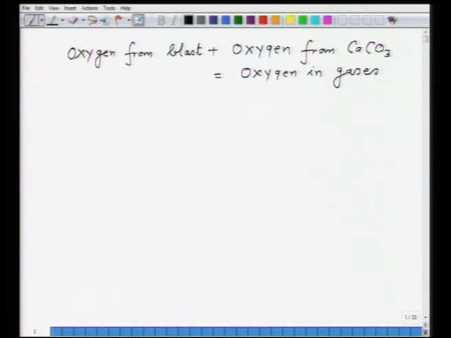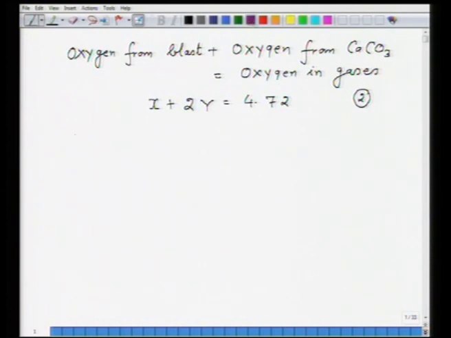Now, I will just write down in terms of the equation. So, the equation becomes x plus 2y, that is equal to 4.72, and this is our equation number 2.